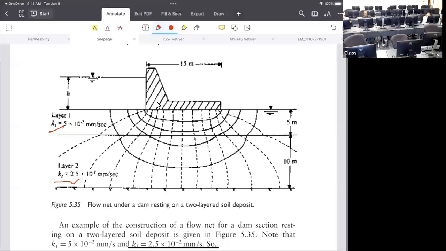So what is the permeability? Is it the conductivity or is it the resistance? It's the conductivity, right? It's just the inverse of the resistance. So what happens when water tries to flow through the lower permeability?